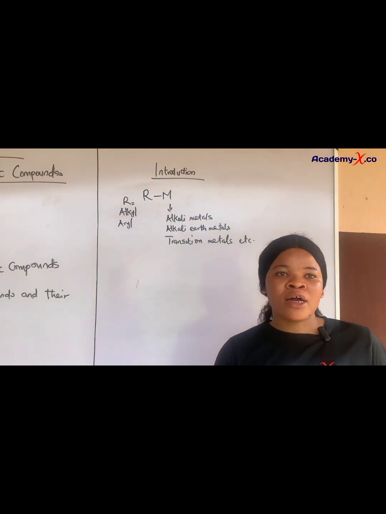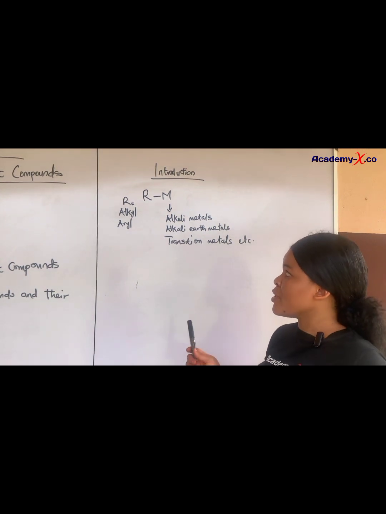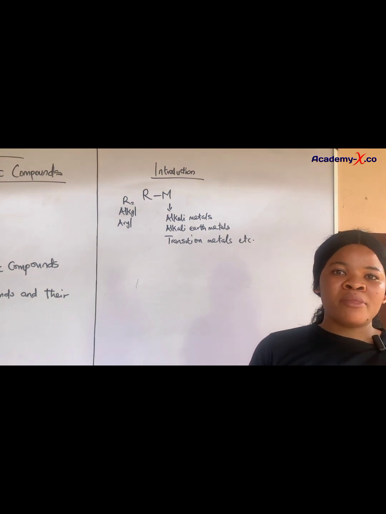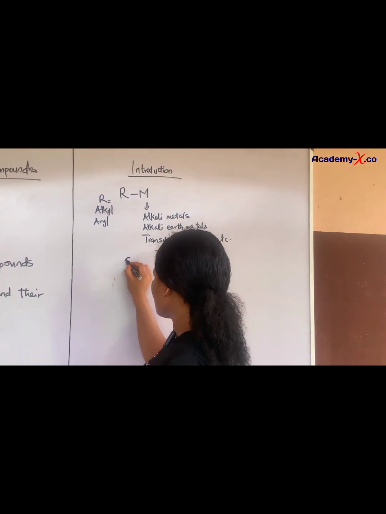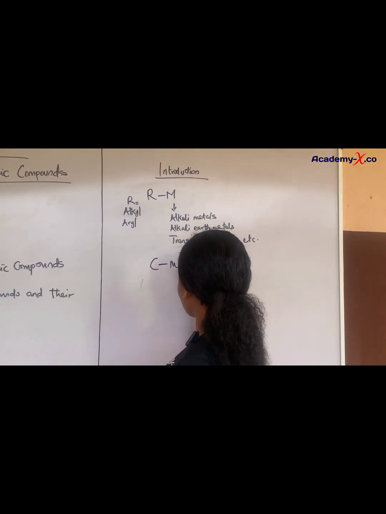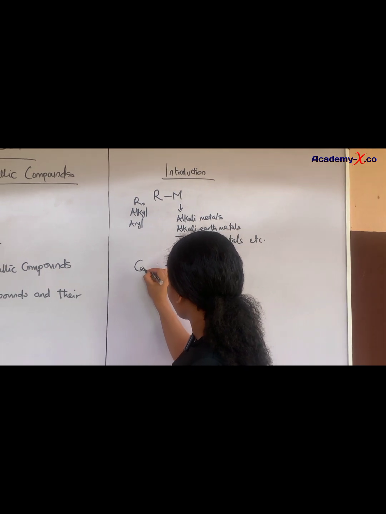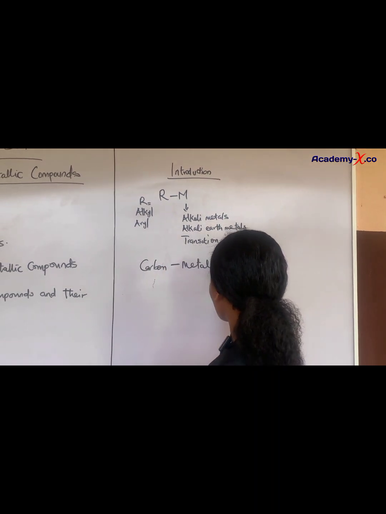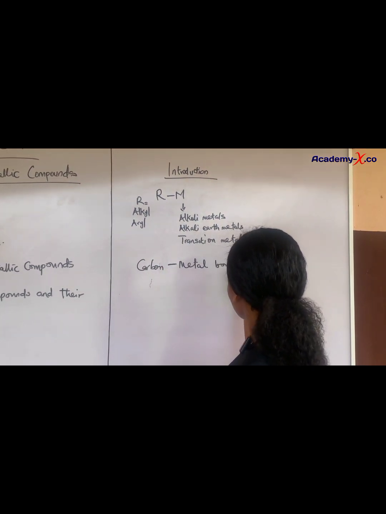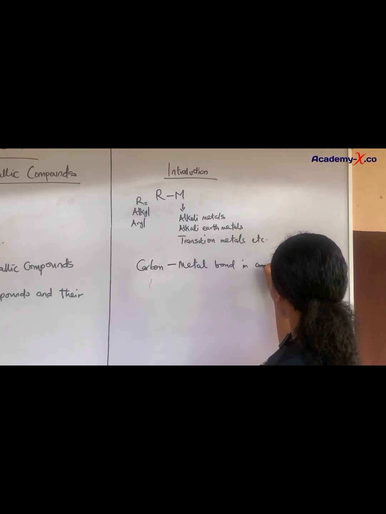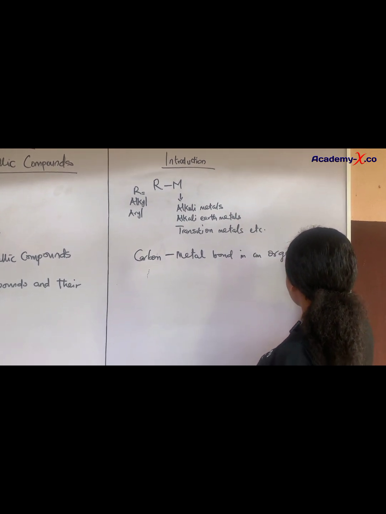So a typical organometallic compound is a compound that contains a carbon-metal bond. So in other words, we say a carbon-metal bond in an organometallic compound.